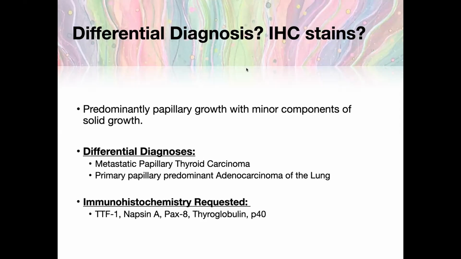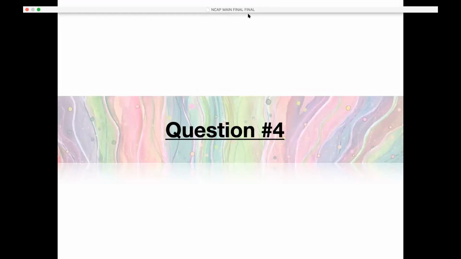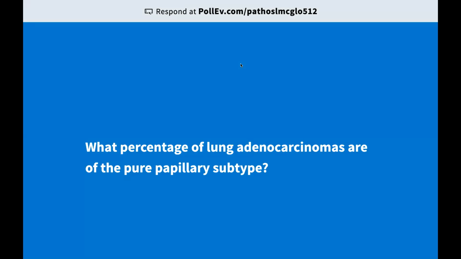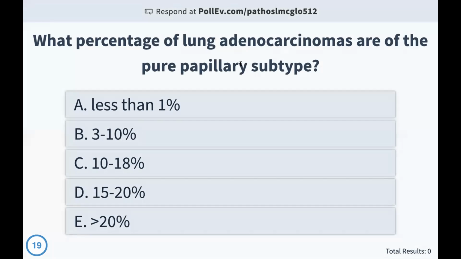So one more question ahead. What percentage of lung adenocarcinomas are of the pure papillary subtype? Less than 1%, 3 to 10, 10 to 18, 15 to 20, or greater than 20.